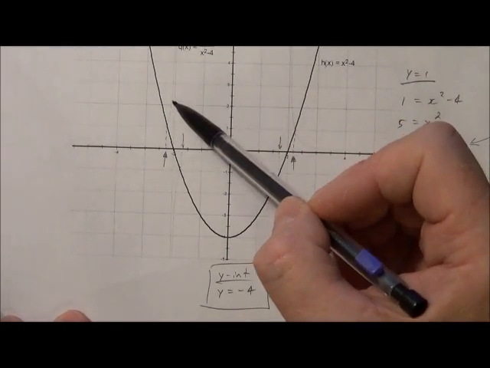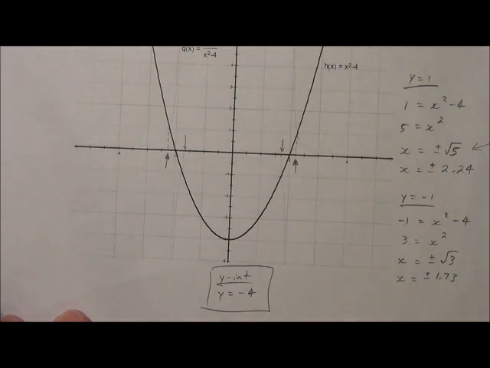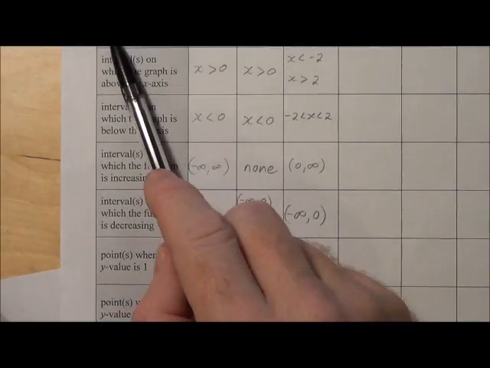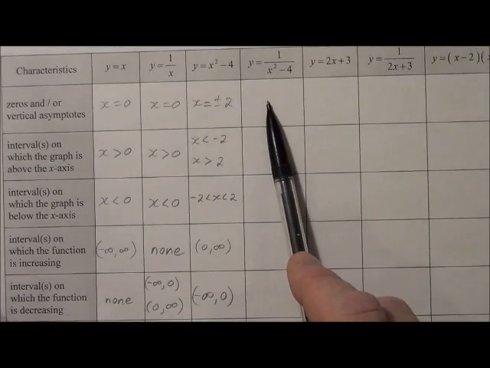Now, of course, it's that very faint line here, those 3 branches. And so we'll take a look at the zeros, or vertical asymptotes, for this reciprocal function.